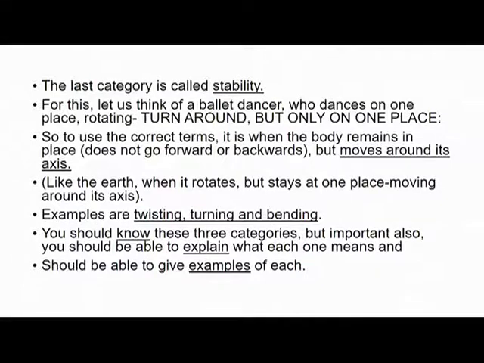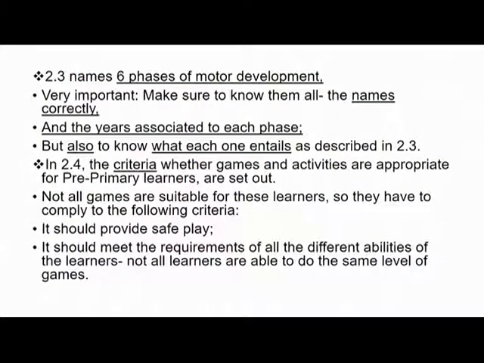Examples are twisting, turning, and bending. You should know these three categories, but important also, you should be able to explain what each one means and should be able to give examples of each one.